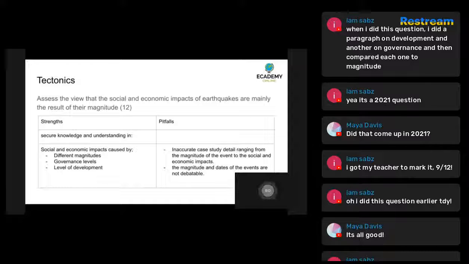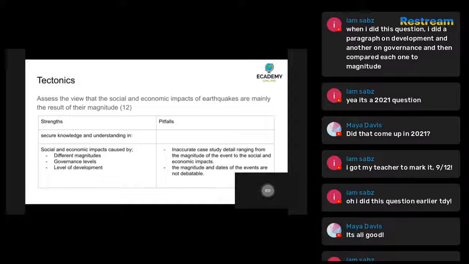So make sure that you know your magnitude, because that's not going to vary generally. There is a specific number. It will be either 7 or 8 on the Richter scale if it's a serious event, and the dates don't change, right? So make sure you know the dates, and they're not just random things that you've plucked out of the air.